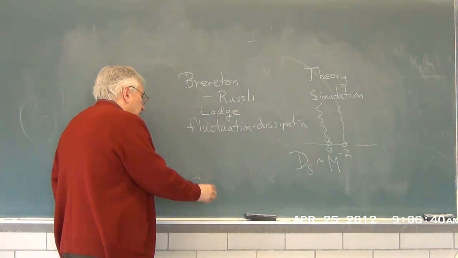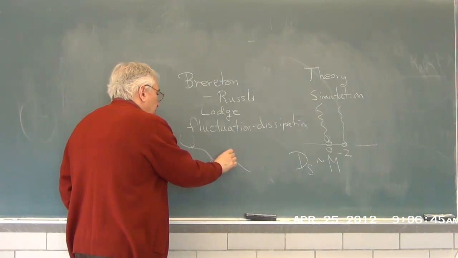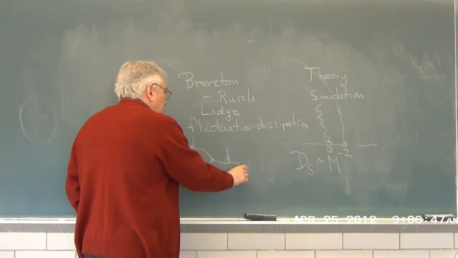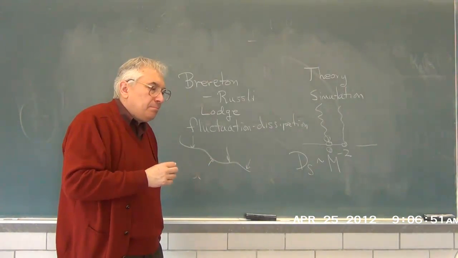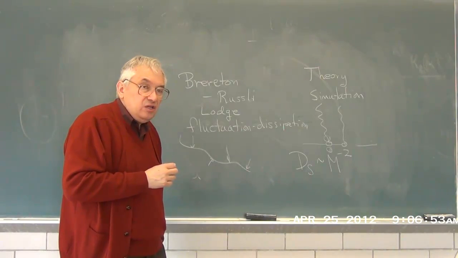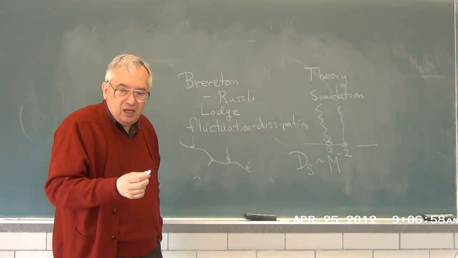What they said is, here is a polymer chain. It's subject to random thermal forces the same way that a Brownian particle is, but there are a whole lot of random forces acting along the length.